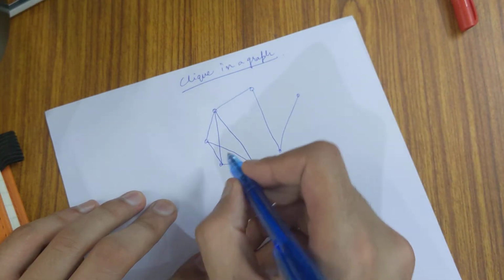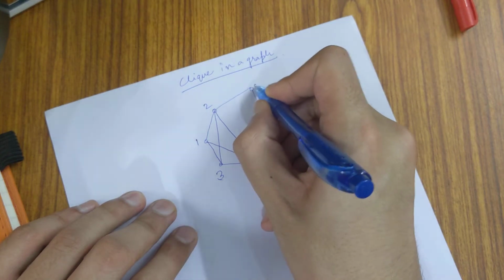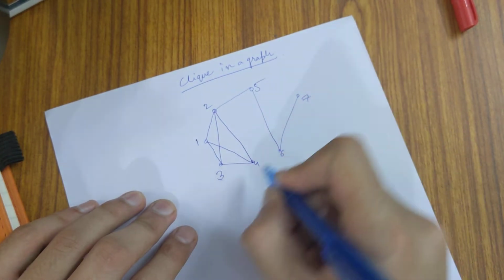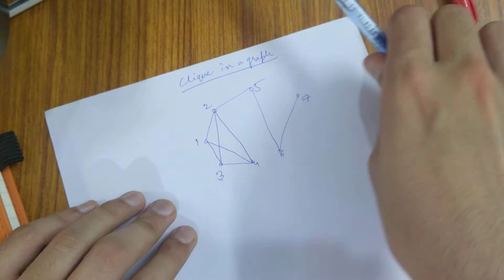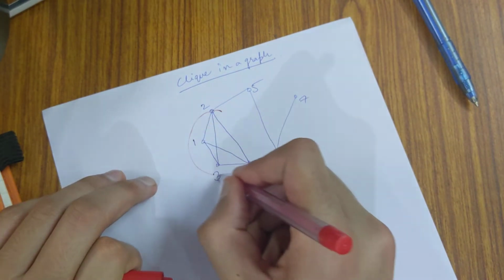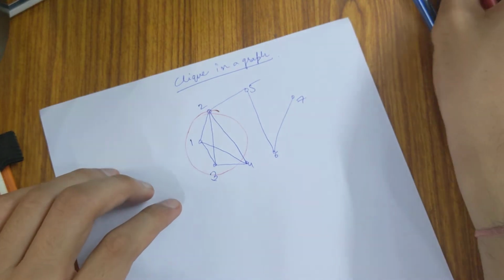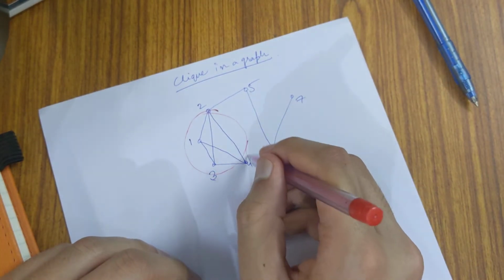So 1 2 3 4 5 6 7. This particular portion of the graph, which I will be highlighting, is called a clique with all these four vertices.